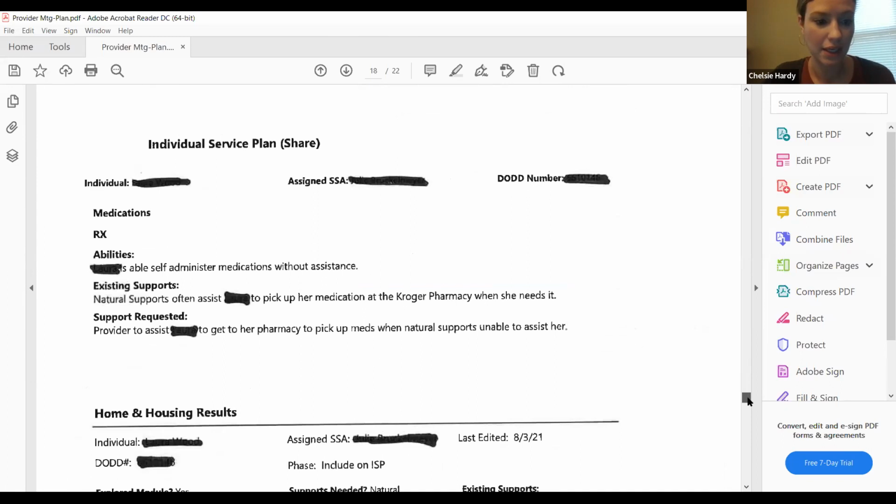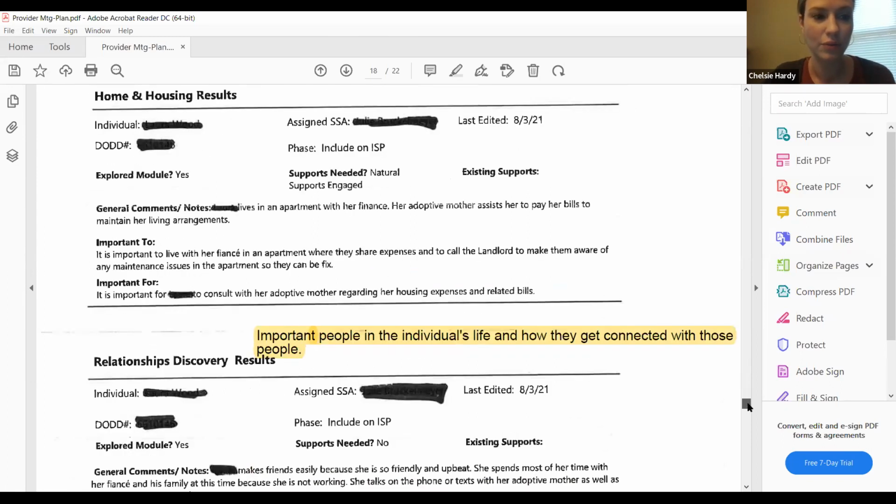Almost finally, there is home and housing. For me personally, I don't always use every single module, because some information can be repeated, but home and housing would definitely be an important one to fill out if the person lives at home and is looking to move out to an apartment with a roommate, or wants an apartment on their own.